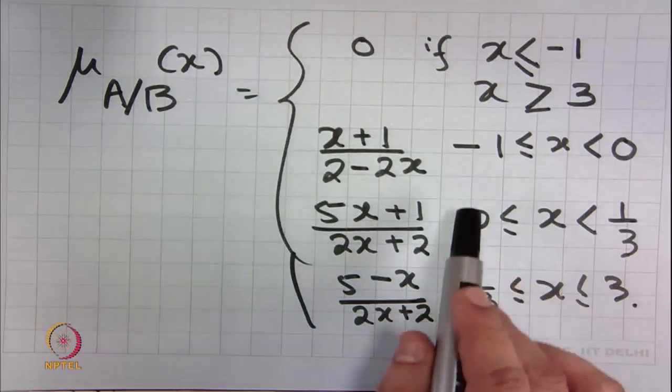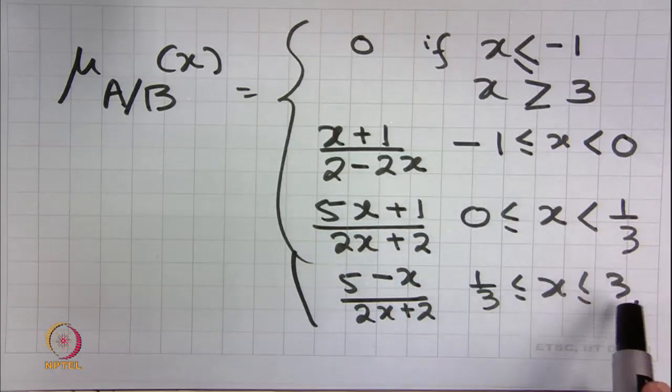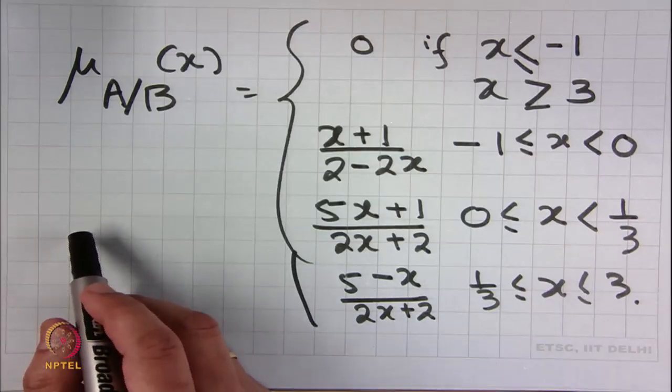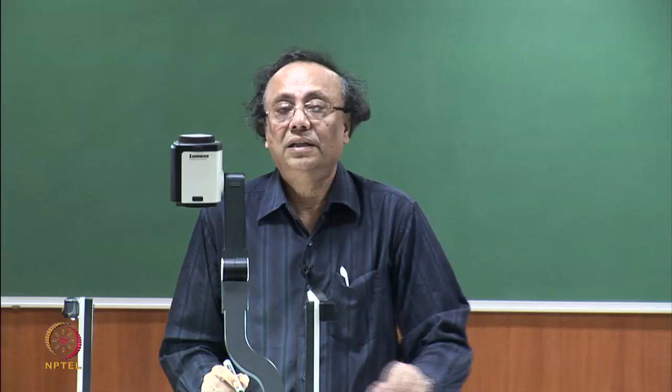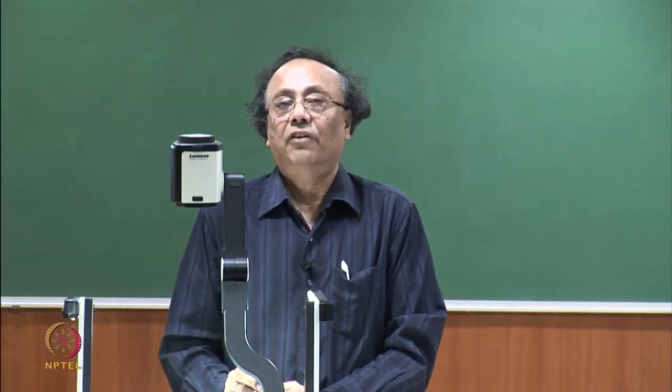Therefore, the support of mu A by B is going to be from minus 1 to 3. I leave this as an exercise for you to complete and see whether you can arrive at this answer using the analytical aspect of the 4 curves that I have just mentioned, and see how they are behaving for different values of alpha between 0 to 1.